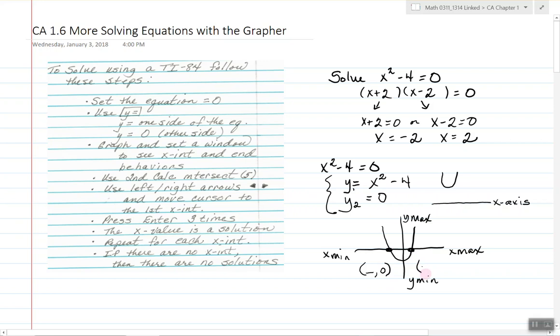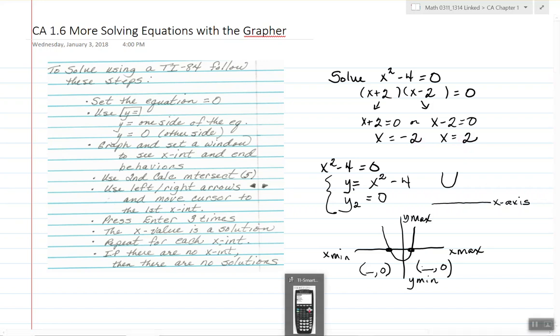Oh, I'm so sorry. That will be 0, because I'm looking for what x corresponds to this 0 and what x corresponds to this 0. Those will be the solutions to the equation.